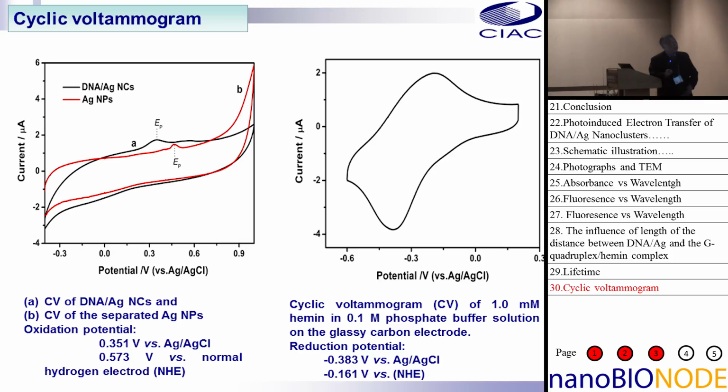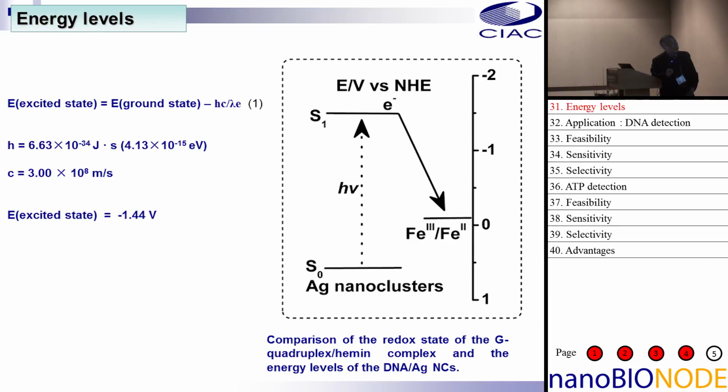So we have calculated this: E excited state equals E ground minus Planck constant times velocity of light over wavelength, and this is the charge quantity. Finally, we can calculate this value is 1.45.